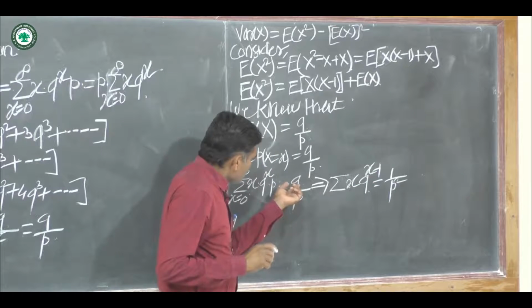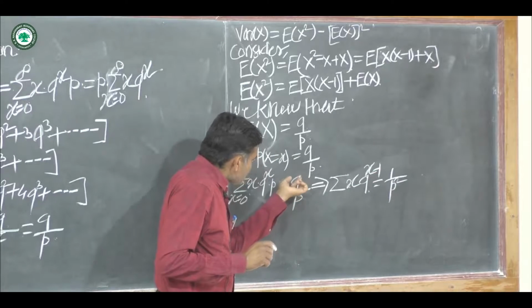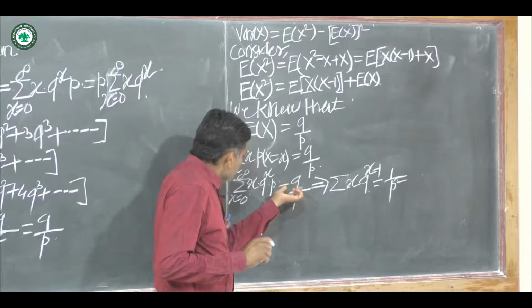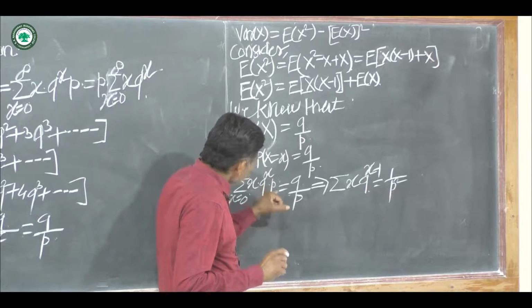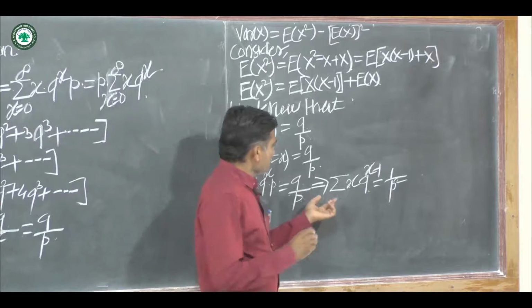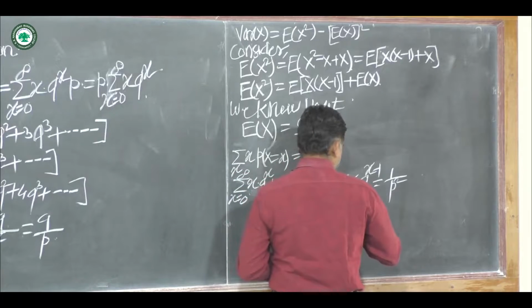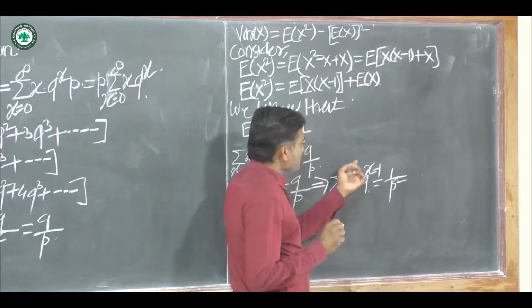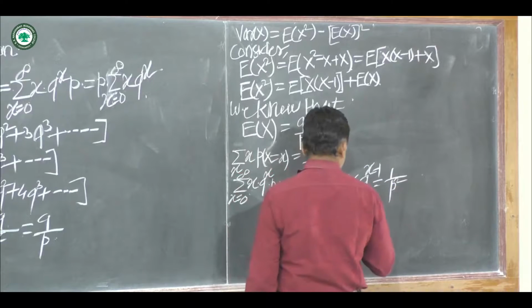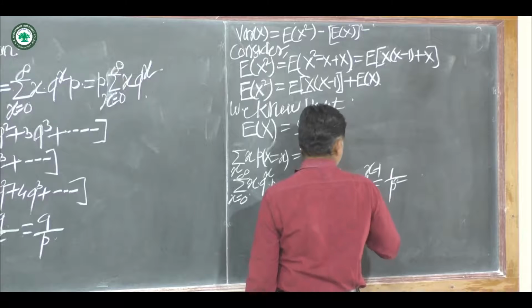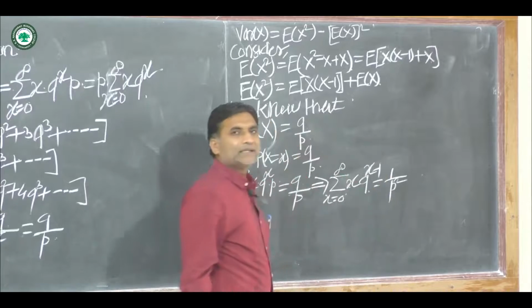It means we transfer this term q to the left hand side and this term p to the right hand side. Then we have summation of x into q raised to x minus 1, which is equal to 1 upon p square. Here is summation over x running from 0 to infinity.